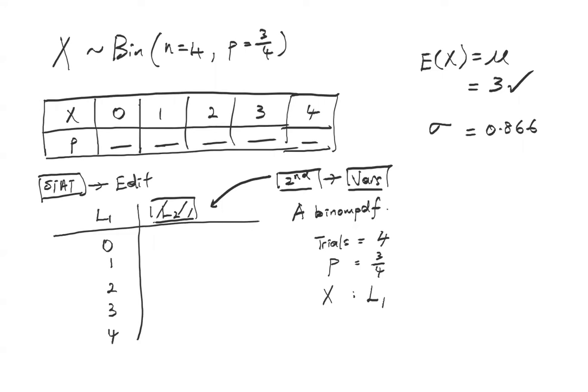Okay, now how to draw a spike diagram? That means I want to present this in a graph form. How to do this in a graph form? Everyone, are you okay so far? Hello, do you know how to get the mean and standard deviation straight away from here?